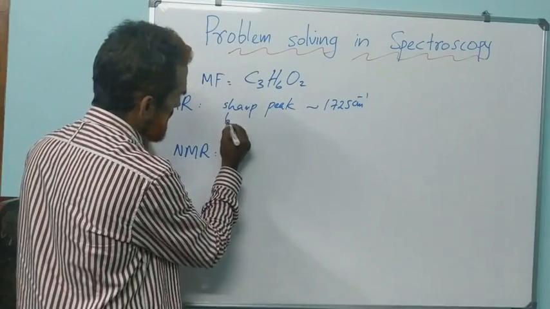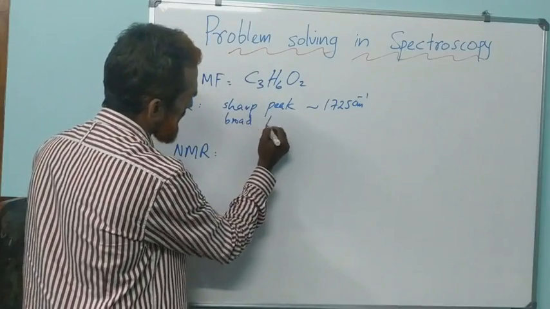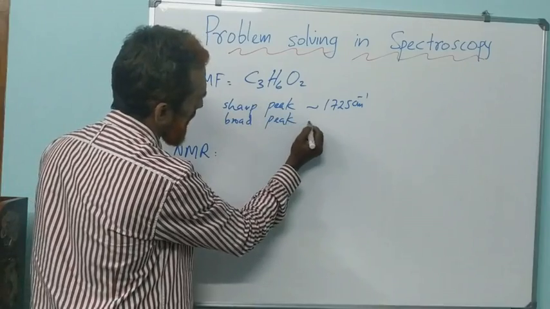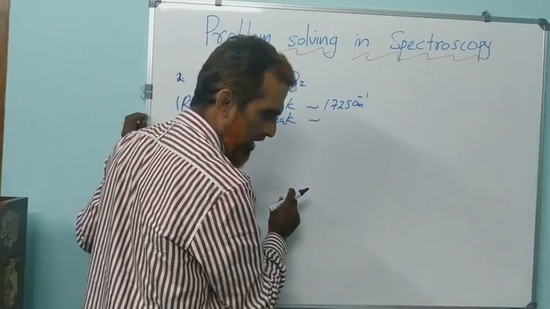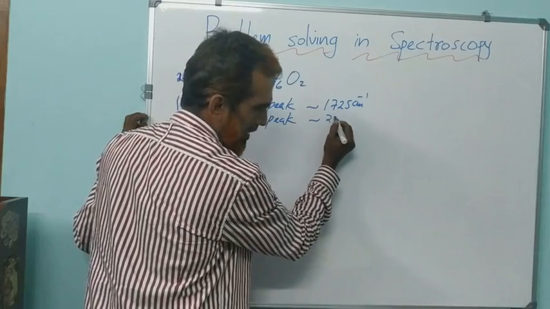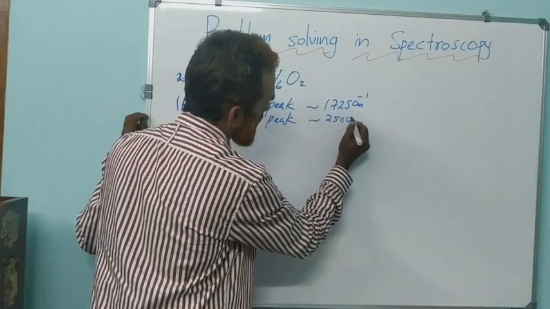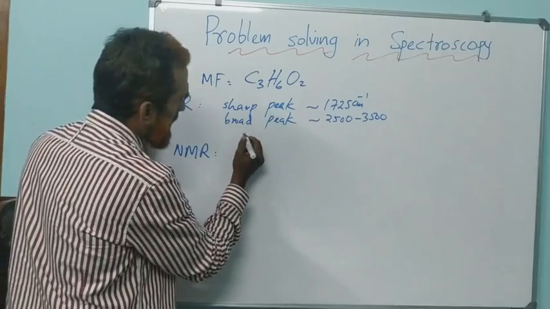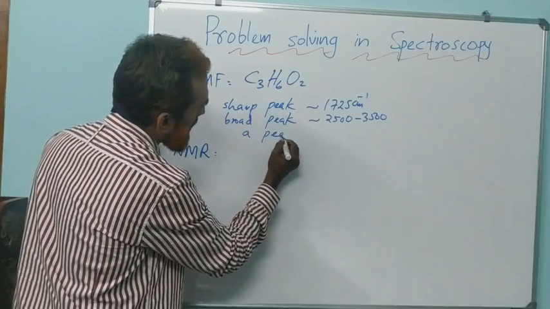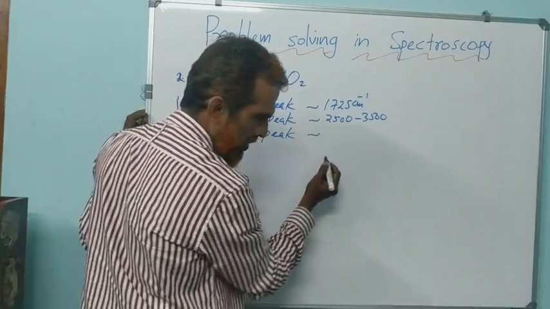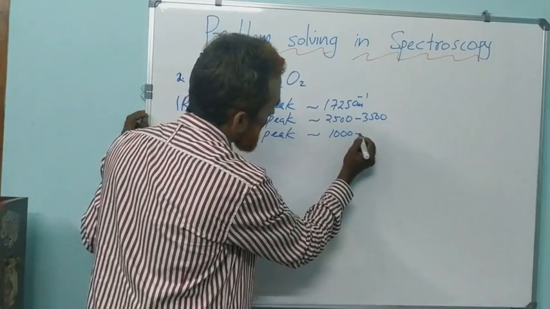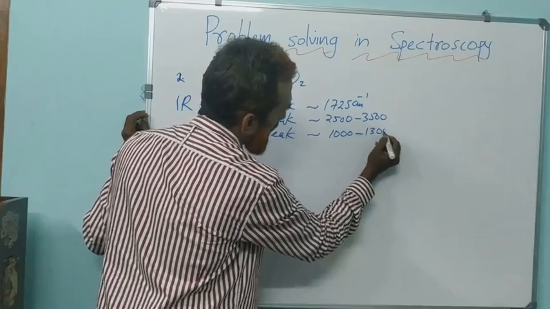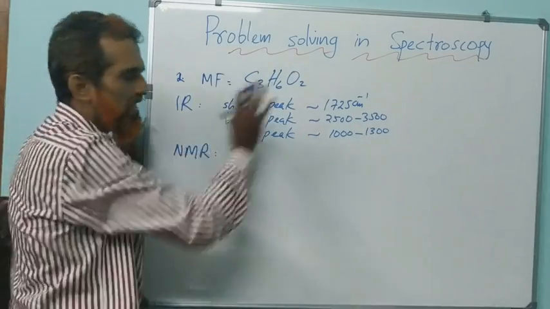This is the nature of the peaks: some are broad, some are weak, some are sharp. A broad peak between 2500 to 3500 centimeter inverse, and there is also another peak at around 1000 to 1300 centimeter inverse. This is the IR data.